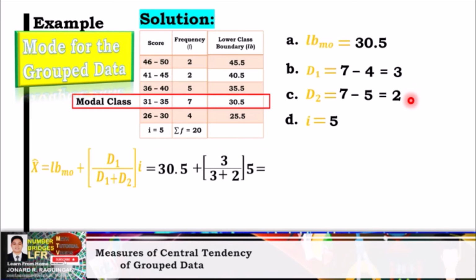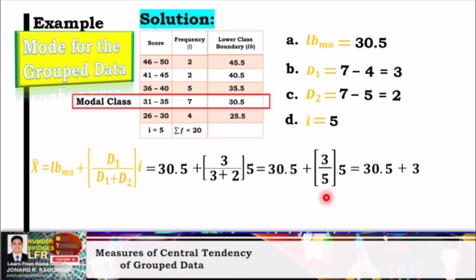Simplified further, copy 30.5 plus 3 all over 3 plus 2 is equal to 5, times the class interval, which is 5. Simplify, copy 30.5 plus 5 times 3, 15 divided by 5 is 3.